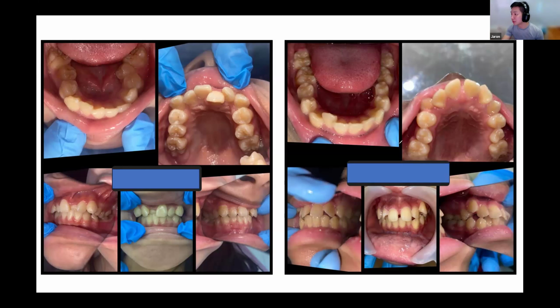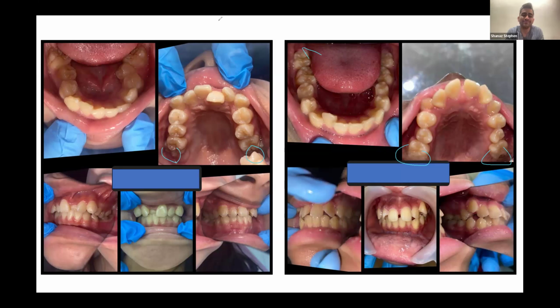For this one, there's no 7s here. The lower one is fine, but the upper is a little bit harder. I try to train the patient, especially for ortho, because you take photos not for one time. You take them multiple times throughout your whole orthodontic treatment. The first one or two times the patient might feel awkward, but halfway through you give them the retractor and they know what to do already.